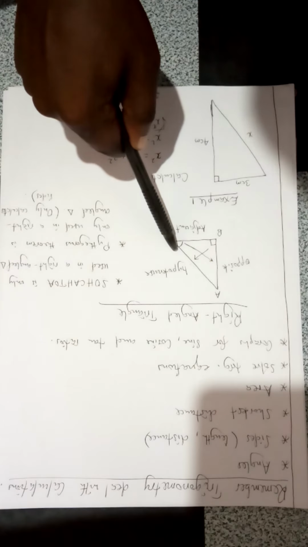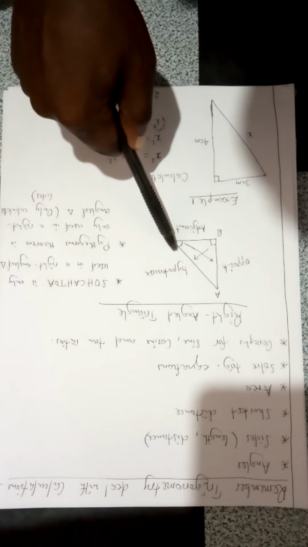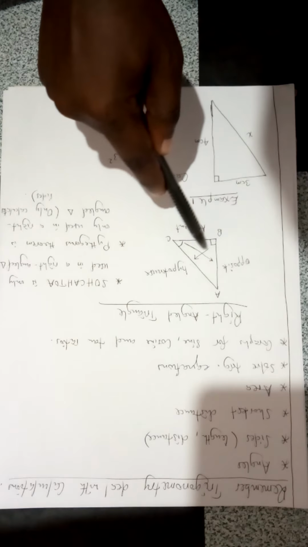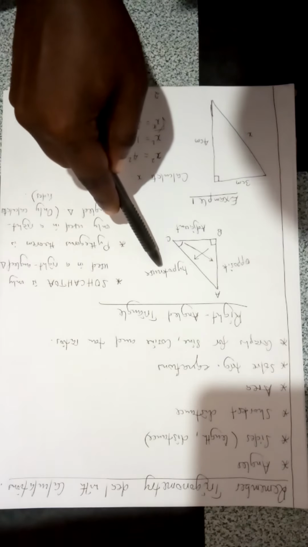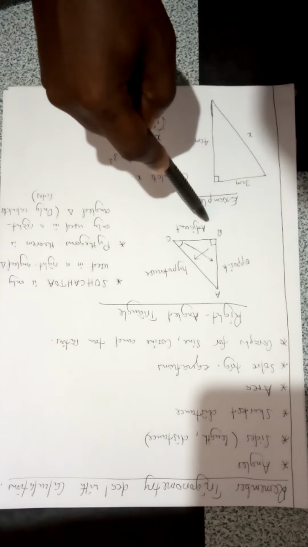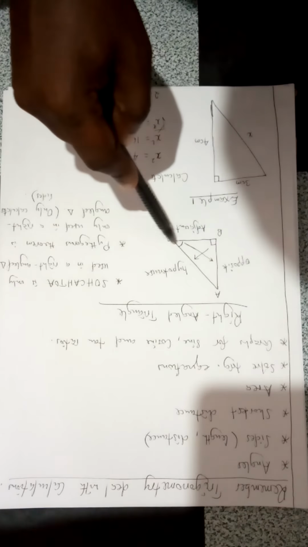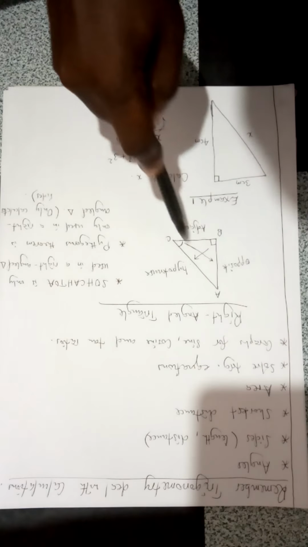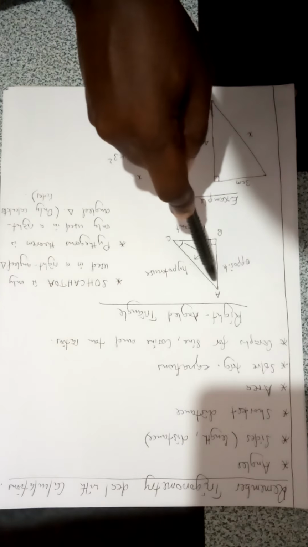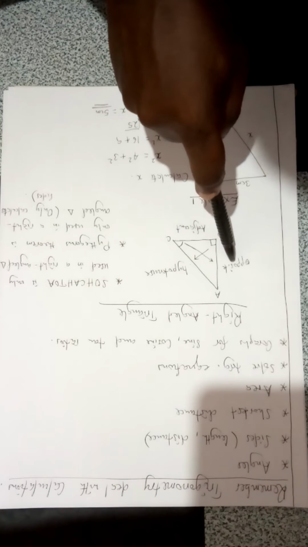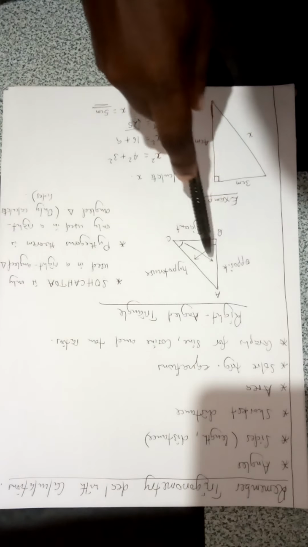Whether they don't look longer than the other, consider that the one that will always be opposite to 90 degrees is the hypotenuse, and it's the longest. Then the other two sides alternate depending on where the angle is. If the angle is here, then this will be opposite, then the remaining one will be adjacent. If the angle is here, then this one will be opposite, then the other one will be adjacent. Alright, so these two alternate, not this one.